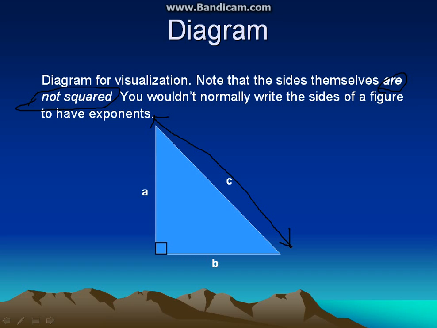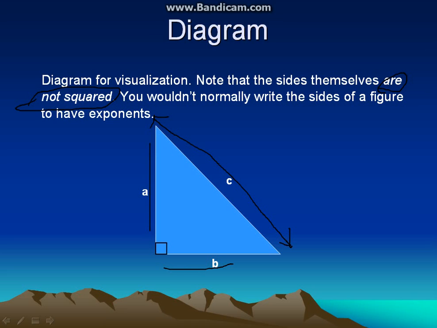In order for this to be a right triangle in the first place, it has to be opposite the right angle that is formed by the two legs of the triangle.